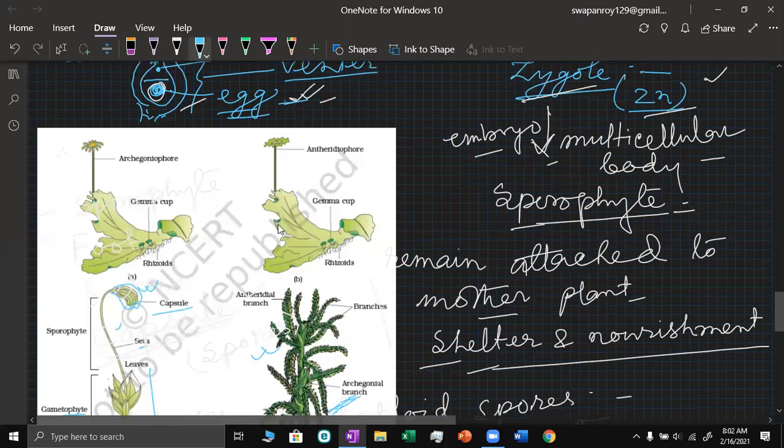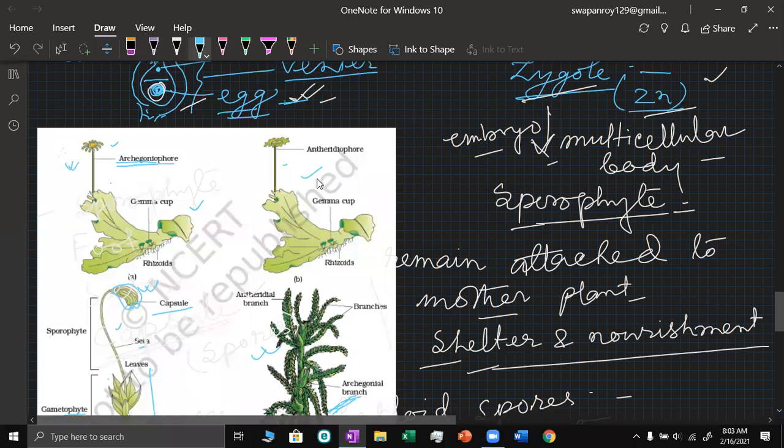In liverwort, the popular one, Marchantia, the male and female sex organs may grow on two different thalli. This one is an archegoniophore. Archegonia develop on a special stalked structure called the archegoniophore. This looks like an open umbrella.